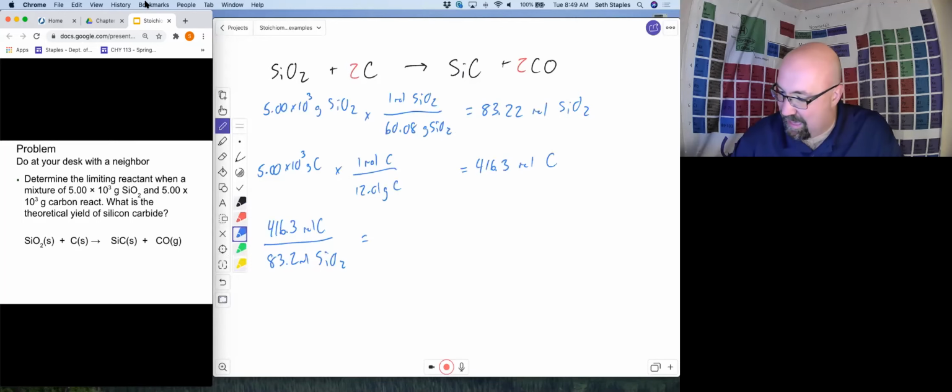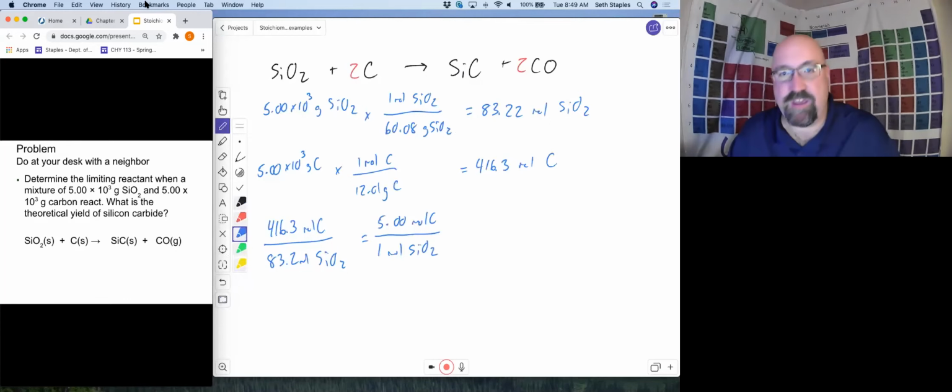And so what I have is 5. Let me just write that a little differently so it's in the ratio. Here we go. I have 5 moles of carbon to every 1 mole of SiO2. That's just the ratio of moles that I have from my starting amounts.